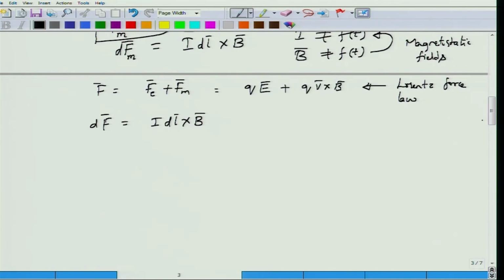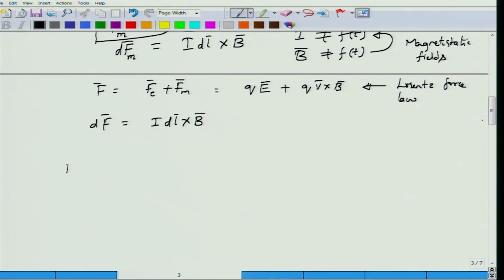You cannot have a small isolated piece of current, because it would mean that charges are getting generated and accumulated at the nodes, and we have just seen that such an accumulation is not happening.